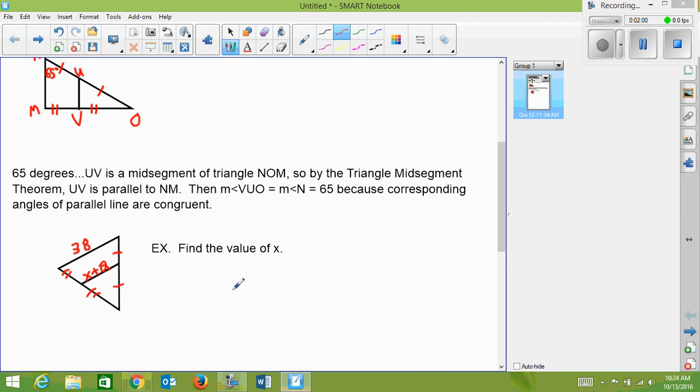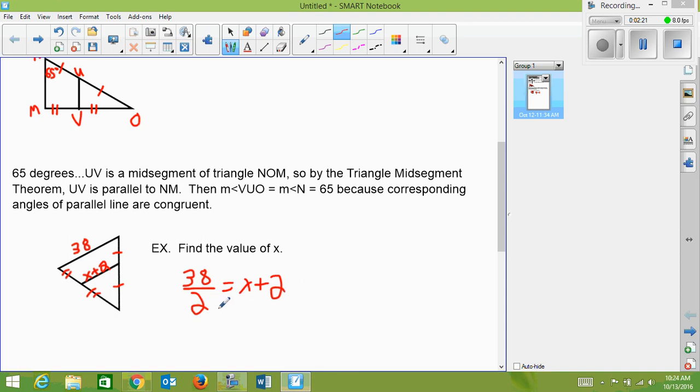So just take 38 divided by 2 is going to equal x plus 2.